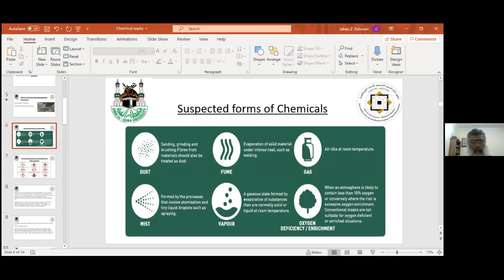Or if we are working in an environment where oxygen is very high and we are working with flammable chemicals, we have to be careful about the oxygen level, because oxygen acts as an oxidizing agent, so it will help the flame to get bigger and bigger.